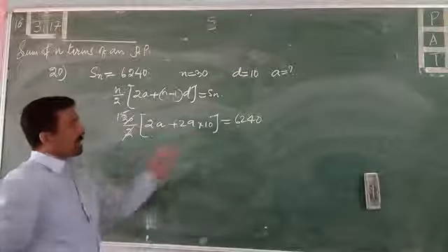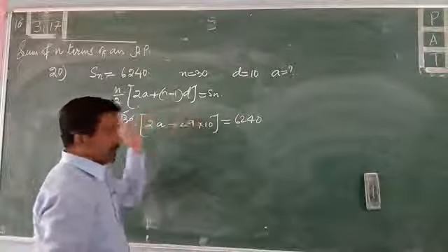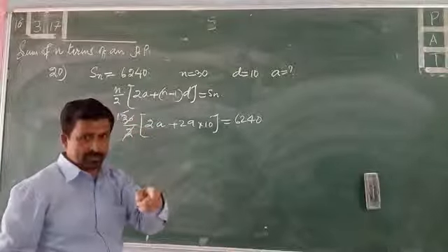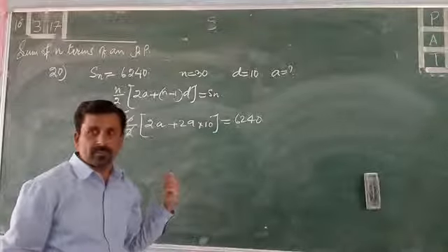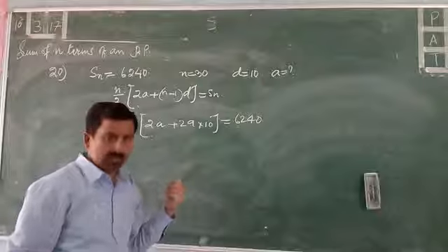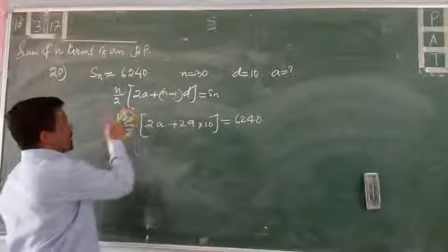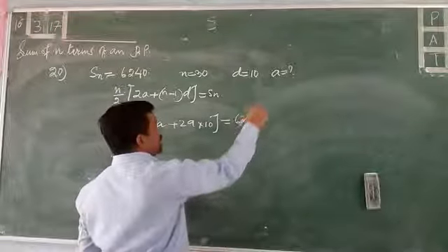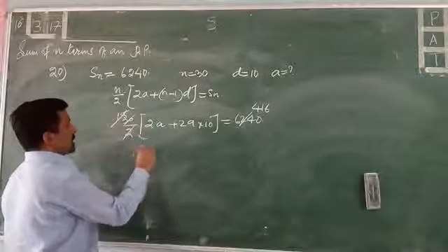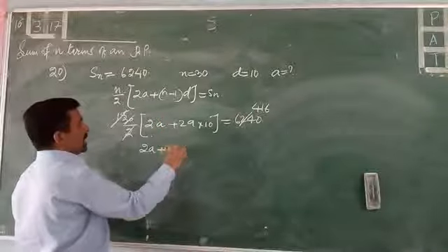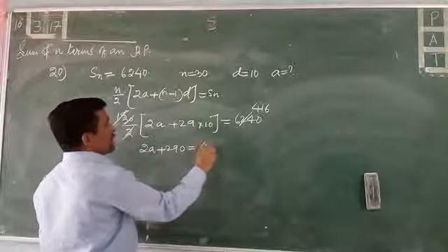Now, is this number divisible by 15? Check it. If it is, then directly we can simplify. 6240 divided by 15 is 416. So this is cancelled. This is 2a plus 290 is equal to 416.